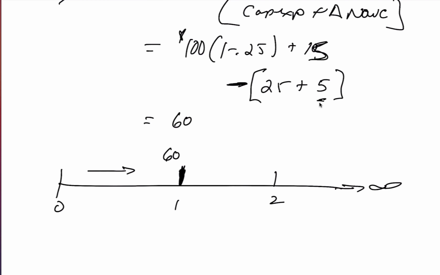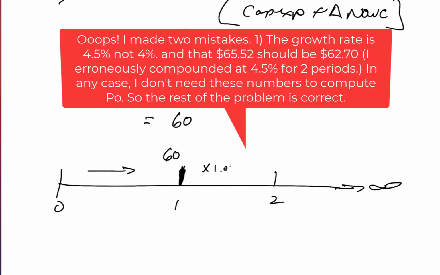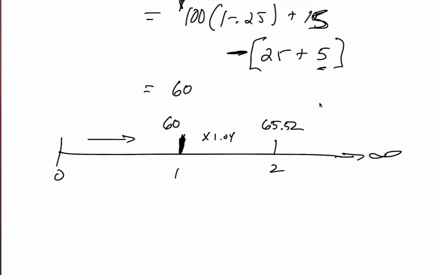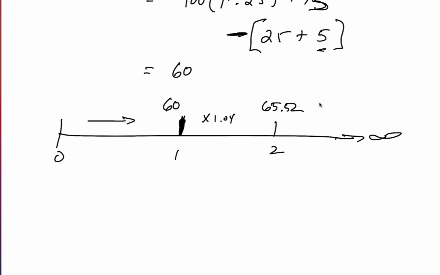Then this will grow by 1.045, and the next free cash flow would be $62.70. We don't really need that number, by the way.